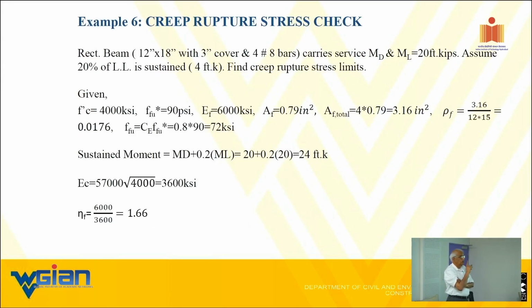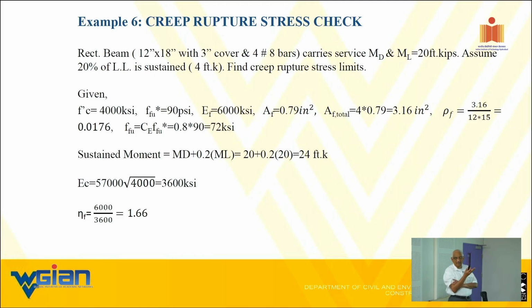So we talked about limit state from the standpoint of deflection. Now we need to look at the same kind of limit state from the standpoint of creep rupture stress check. It's a rectangular beam, 12 inch by 18 with 3 inch cover, 4 number 8 bars, carries the load.